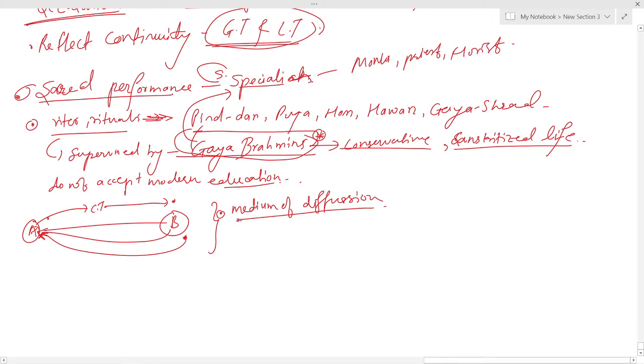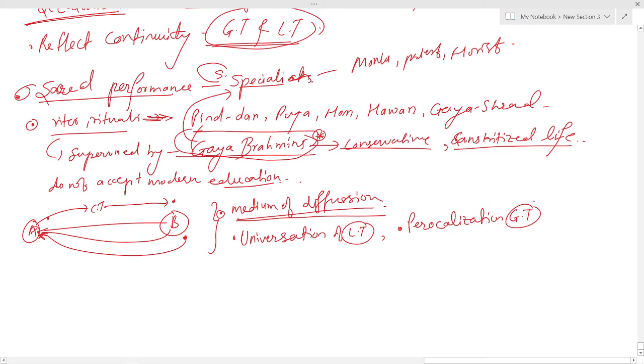So basically, this helps in harmonizing. This helps in both universalization of the cultural traits of little tradition and parochialization of the cultural traits of greater tradition into little tradition.